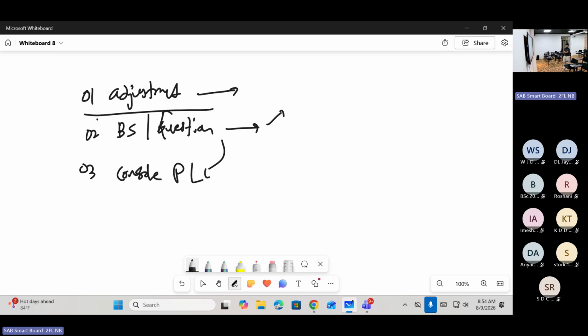Let's put a note for intercompany dividend, right?